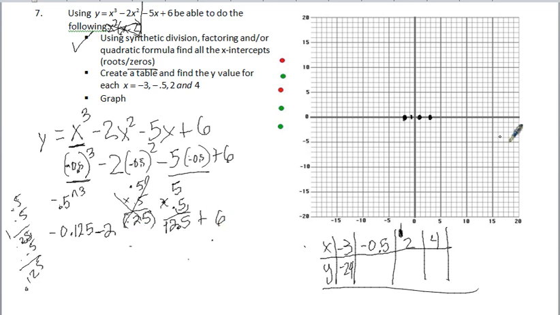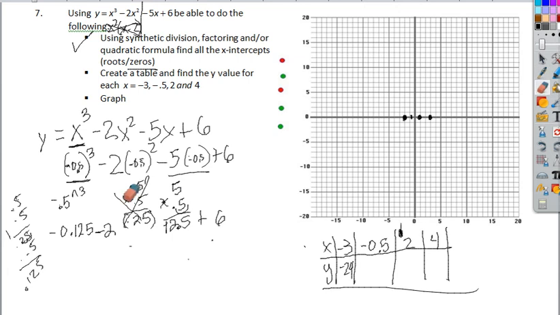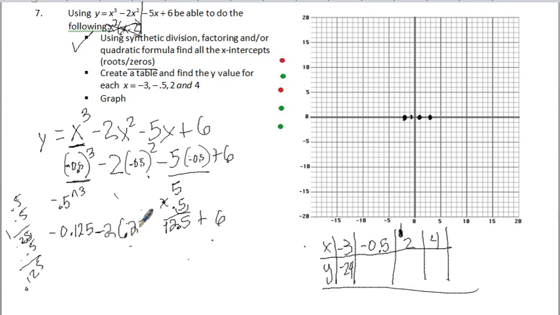So I need to do this math right here. Hang on a second. Negative 2 times 0.25. So I just need to do that. So 2 quarters is 50 cents. So we're going to have negative 0.125 minus 0.50 plus 2.5 plus 6.